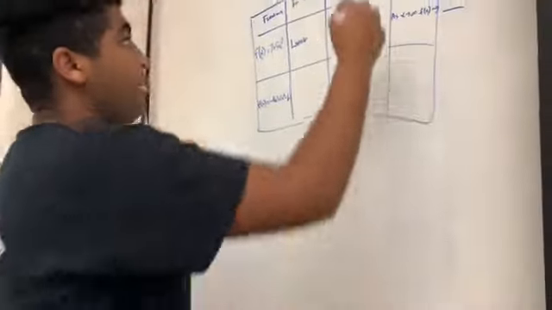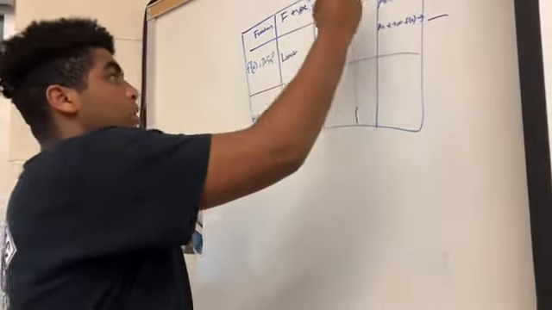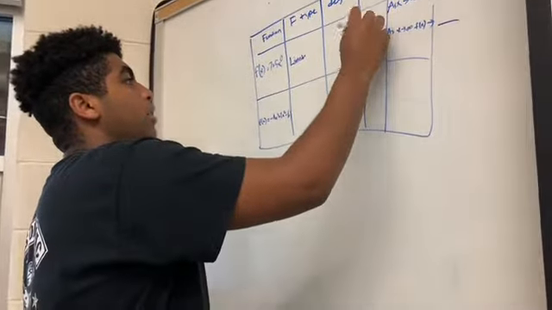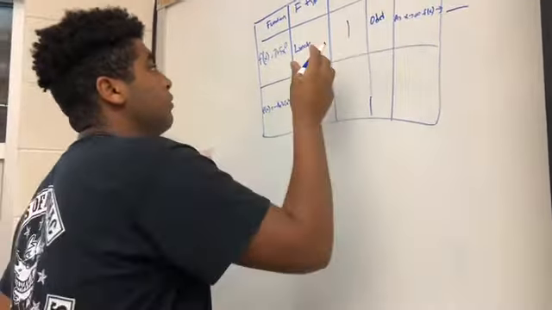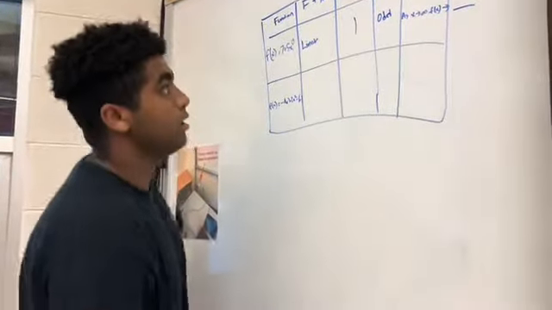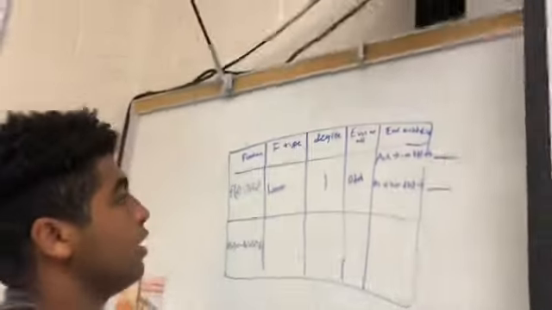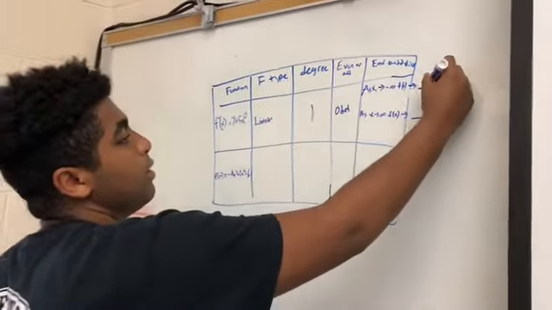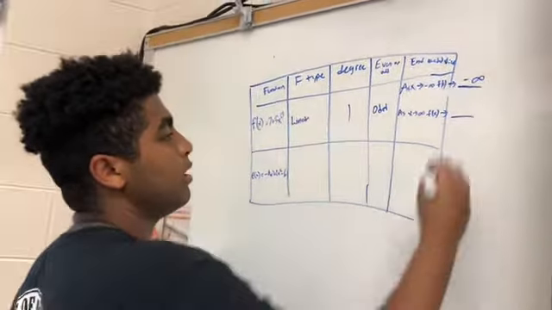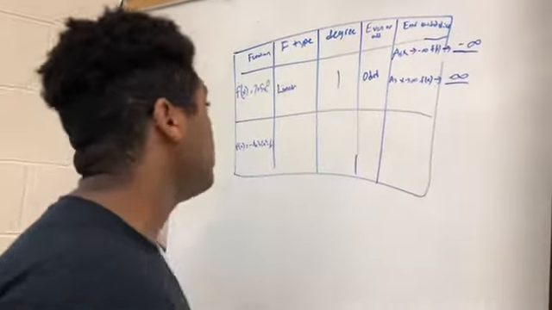And if it's even or odd degree, it would be odd because 1 is not an even number. And end behavior, when it's graphed, to the left it would be negative infinity, and to the right it would be positive infinity.